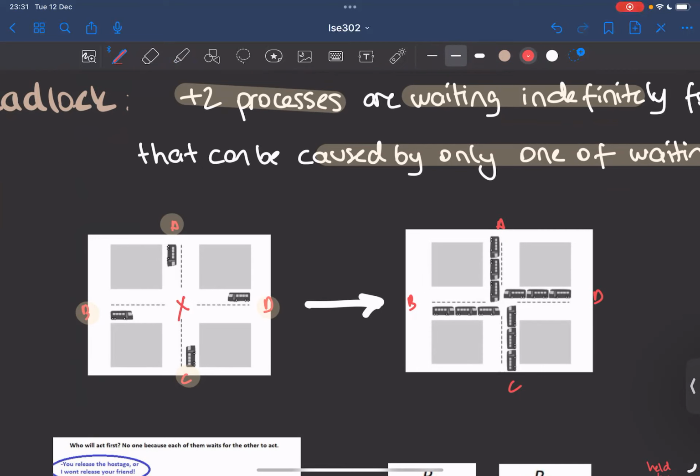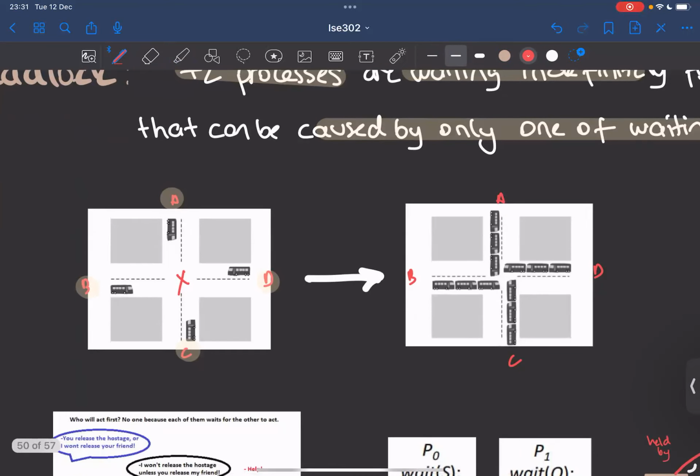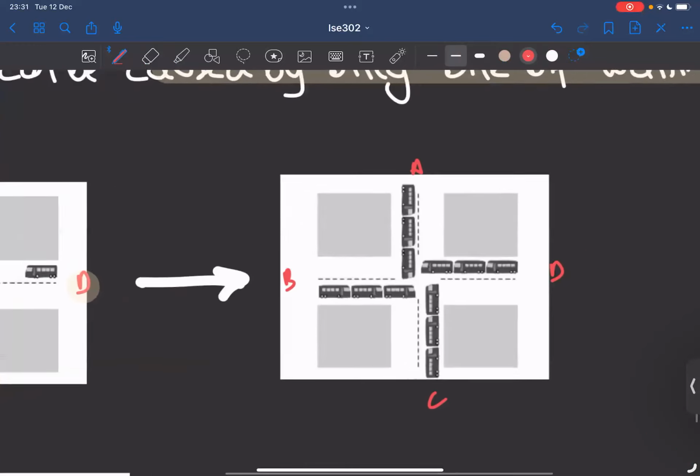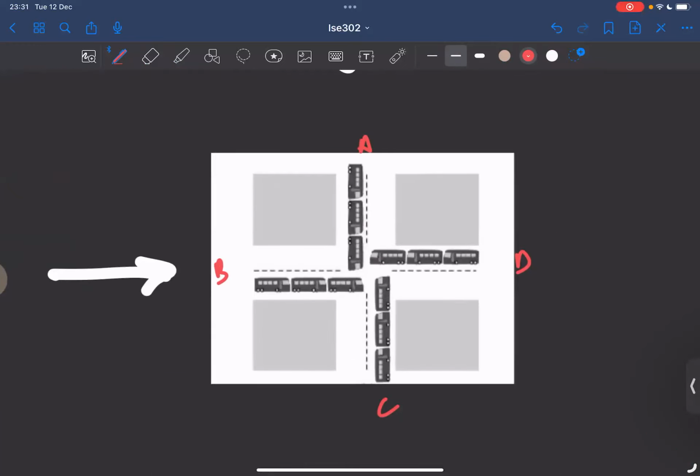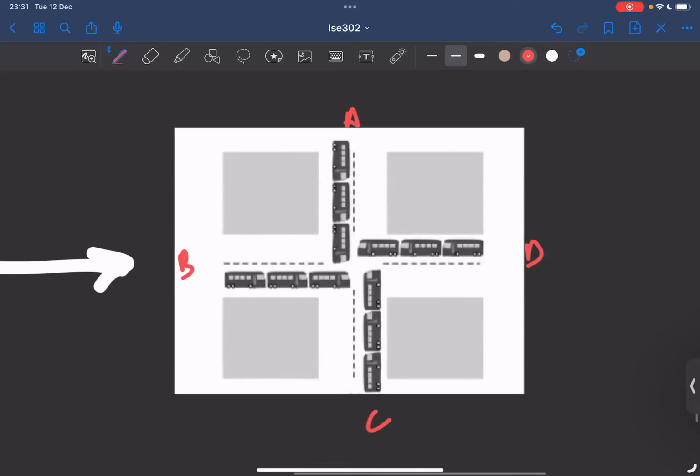Cars from each road want to cross the intersection, but there must be traffic signals controlling the traffic flow. However, due to some issue in the traffic signal system, maybe because of malfunction or mismanagement, cars are unable to move because each road is waiting for another road to be clear. So cars from each road are stuck, creating a deadlock.